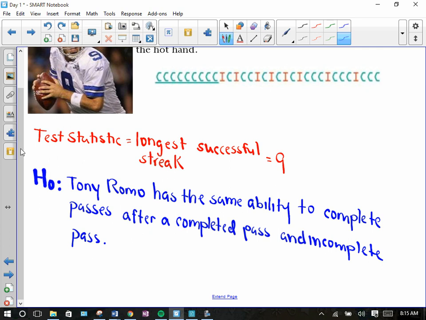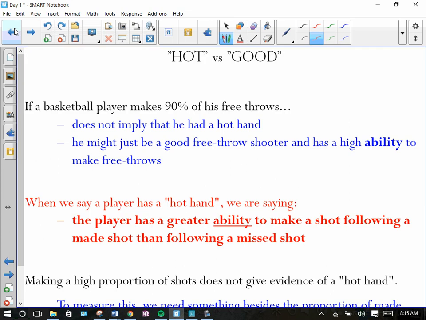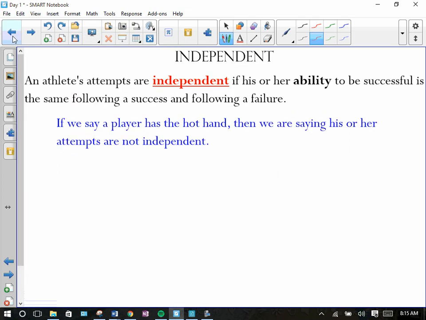So what that is saying is that he doesn't have the hot hand. So a shorter way of writing this null hypothesis would be, if we go back, right here it says an athlete's attempts are independent if his or her ability to be successful is the same following a success and following a failure.